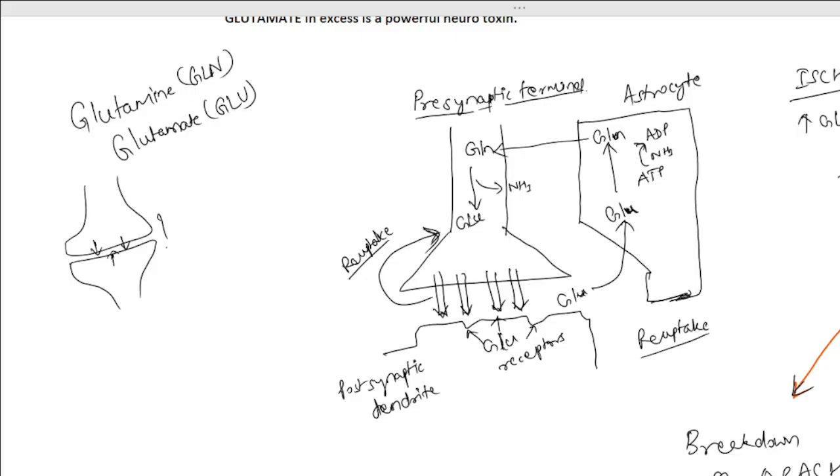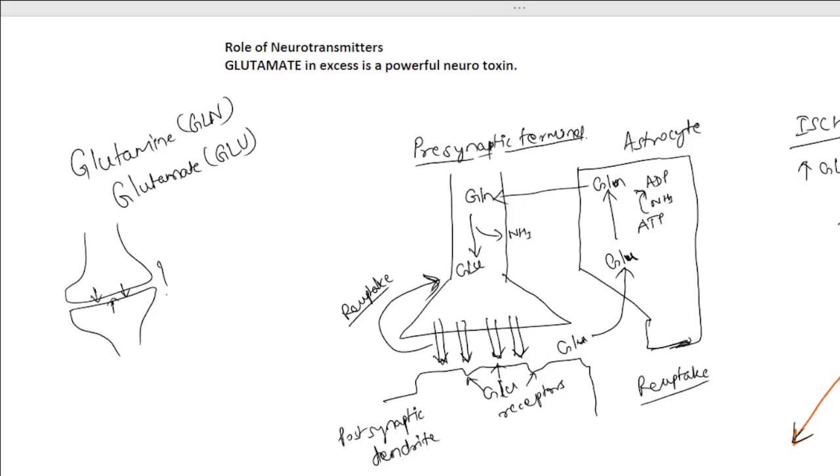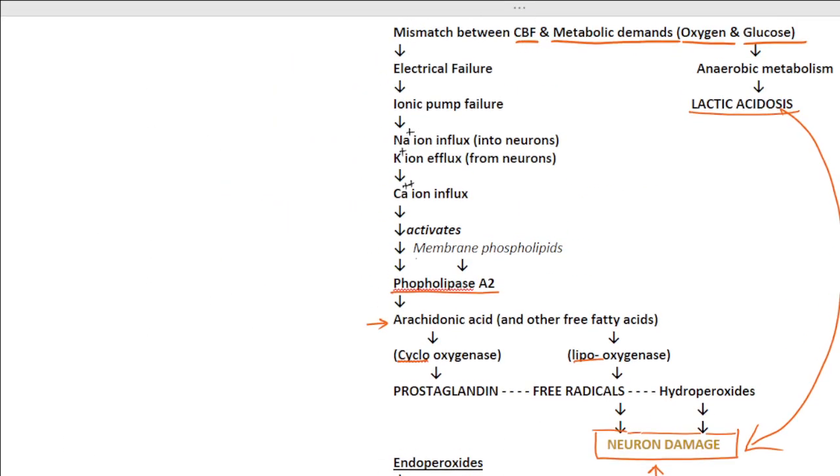To understand. Understood? So glutamate excess is one of the reasons where it happens. So where it actually works, if glutamate excess is there, we can include here.